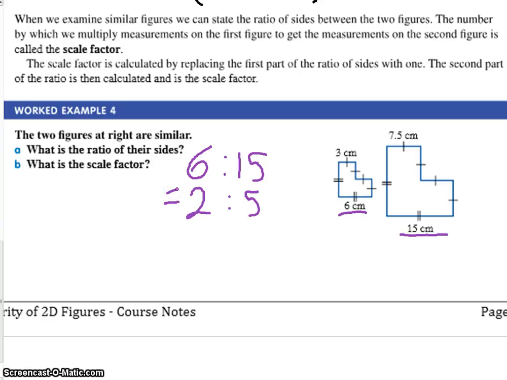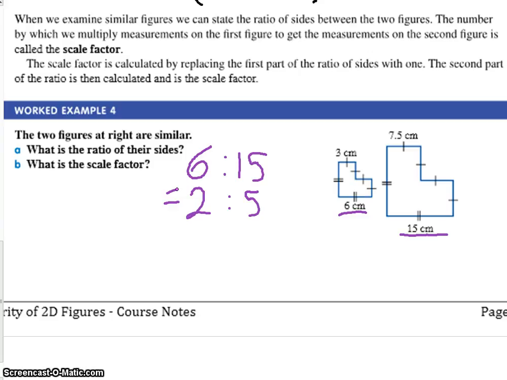Couldn't it be something else too? Well, it could be. 4 to 10? It could be. It could be 60 to 150. 3 to 7.5? You can't use decimals there. But it is 3 to 7.5 as well.